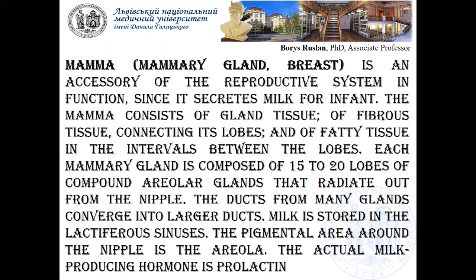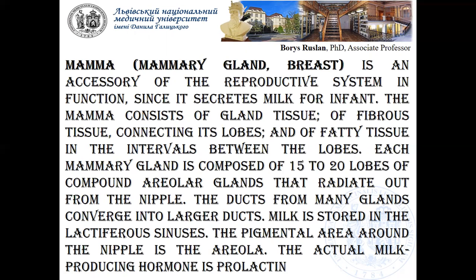The mammary gland consists of glandular tissue, of fibrous tissue connecting its lobes, and of fatty tissue in the intervals between the lobes. Each mammary gland is composed of 15 to 20 lobes of compound areolar glands that radiate out from the nipple.